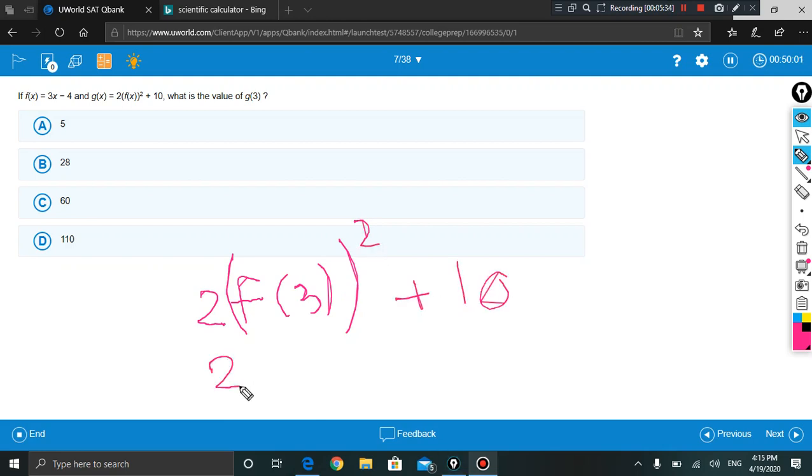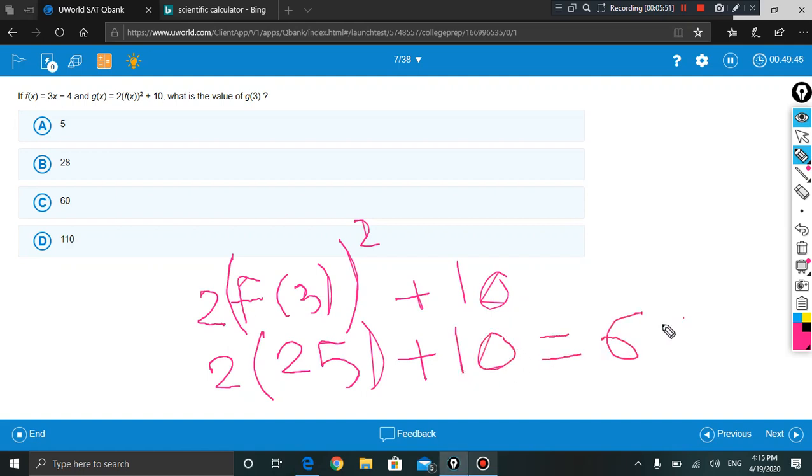Okay, f of 3 is what? F of 3 is 9 minus 4, which is 5. 2 times 5 squared, which is 25. So 2 times 25 is 50, plus 10, that's 60. That should be 60. Okay? The answer is C.